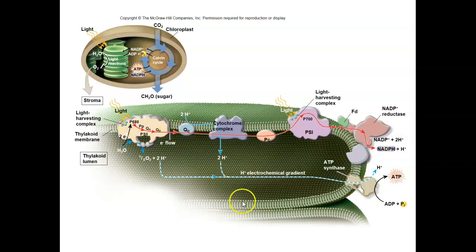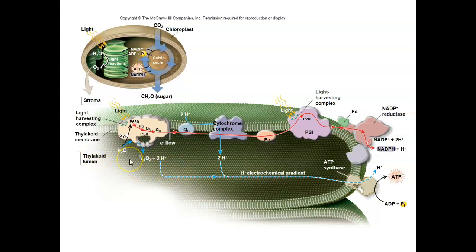So here's one thylakoid, and now you can see the next thylakoid in that series. And so we're talking about what's happening in the phospholipid bilayer of the thylakoid itself. And so this space outside of the thylakoid we would call the stroma. That would be this brown part here. And inside of the thylakoid itself we call the thylakoid lumen.